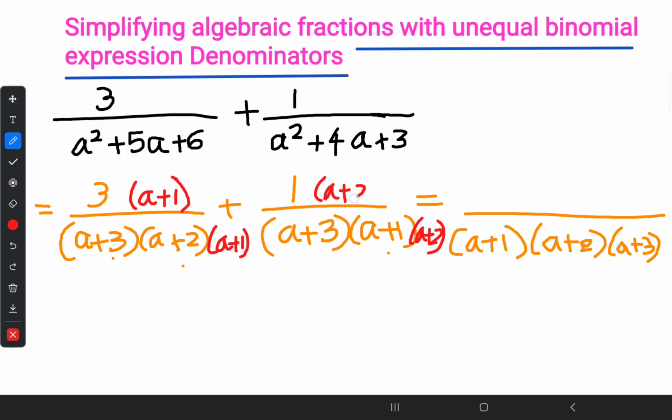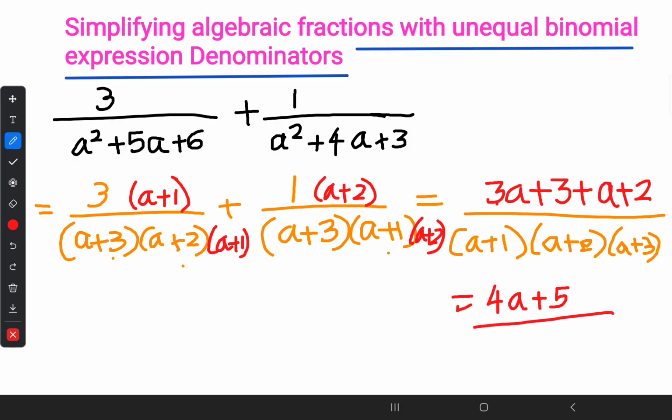So I will write the expansion for that one: 3 times a, 3a, plus 3 times 1, that's 3, plus 1 times a, 1 times 2, 2. So then finally 3a plus a is 4a, plus 3 plus 2 is 5, upon a plus 1 into a plus 2 into a plus 3. That would be the solution for the given question.